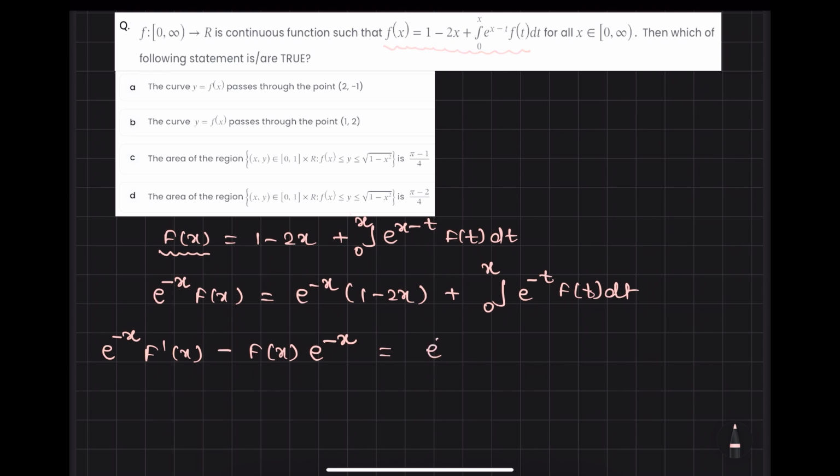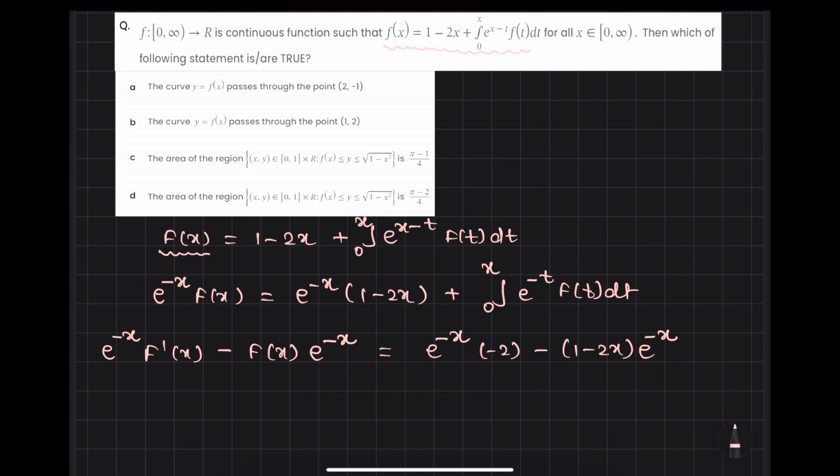We keep e power minus x as it is and differentiate this part: differentiation of 1 is 0, differentiation of minus 2x is minus 2. Then we keep the second function as it is and differentiate the first function e power minus x, with an extra minus because of the minus x.